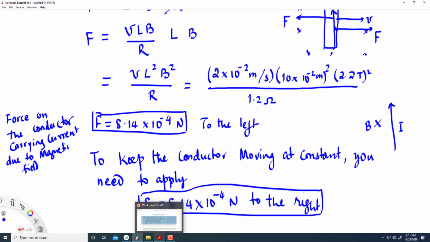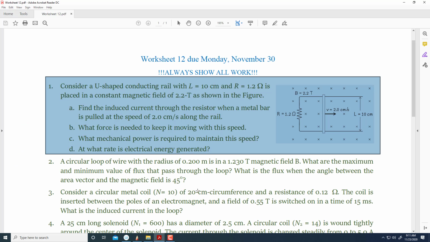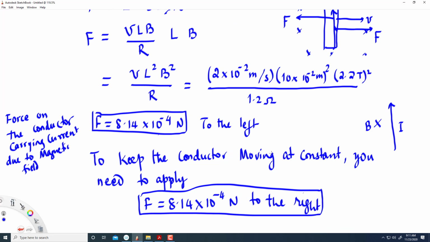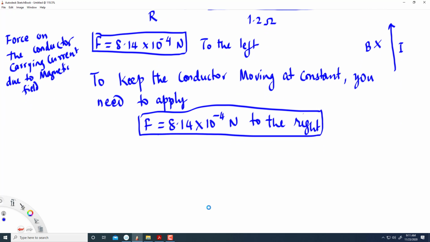Let's look at number 3. What is the mechanical power required to maintain this speed? So now we need to find the power. Basically, applying force means you are applying some power. What's the definition of power?